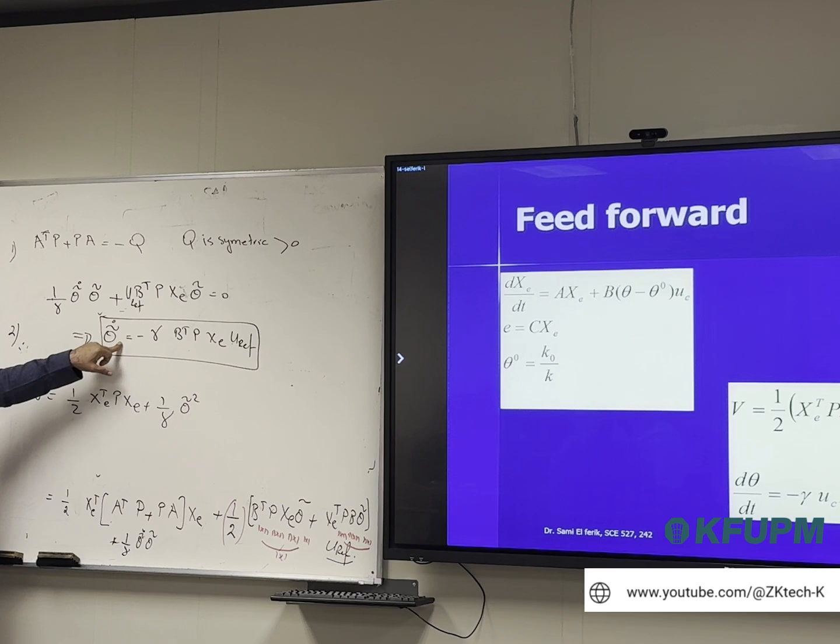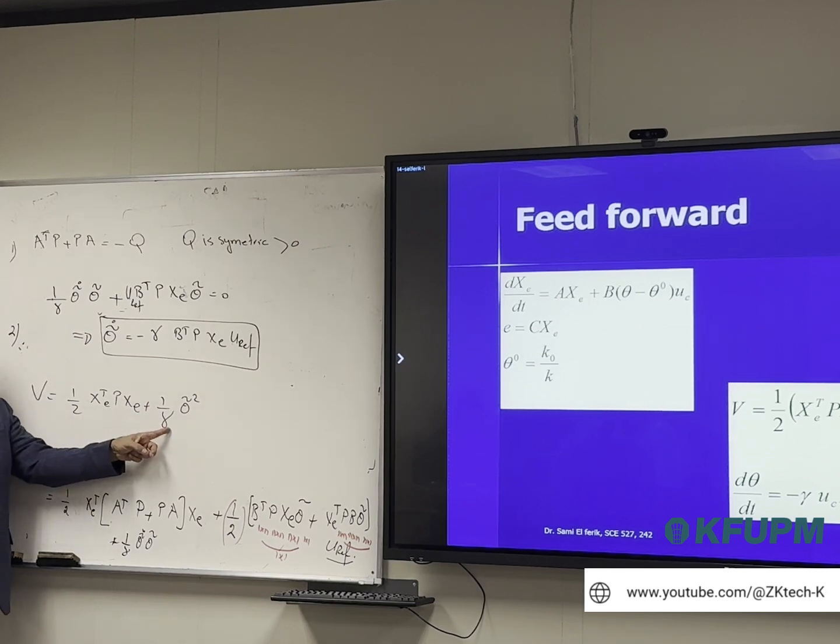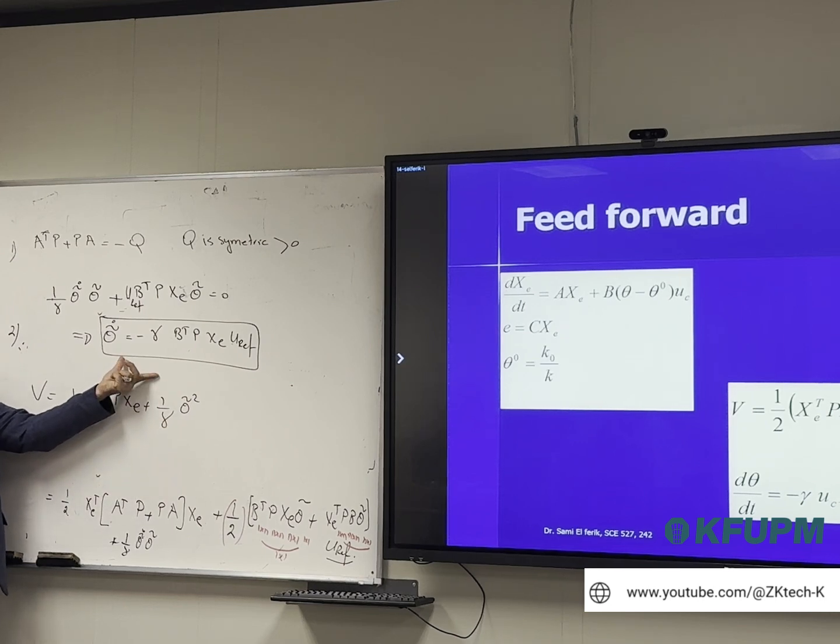We need to make sure that this analysis is valid. Not only is the derivative of V negative, but you need to go back and check that this value of V is not going to blow up because of θ. So it means θ has to be finite, limited. And the other conclusion is that this θ will converge to anything, not necessarily your right value of θ.